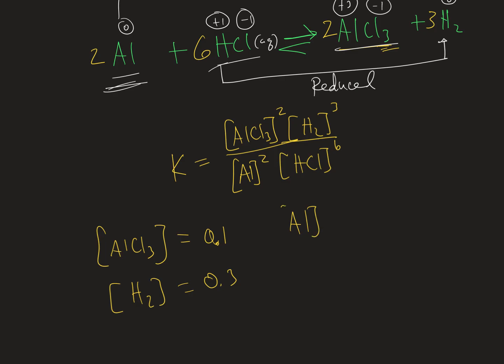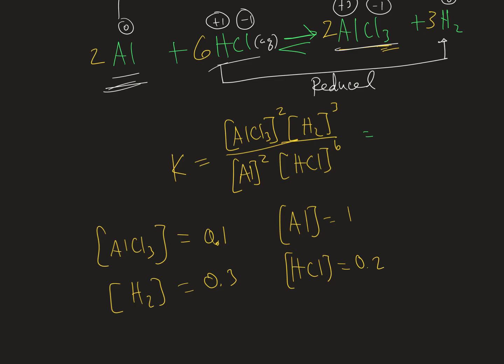Al concentration is, and this one doesn't really have a concentration because it's the solid, but we'll just run with it. Let's say 1. And HCl has a concentration of 0.2. So this one is an equilibrium equation, but that's okay.